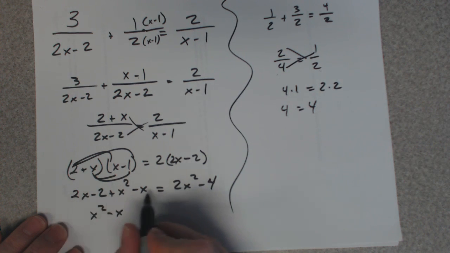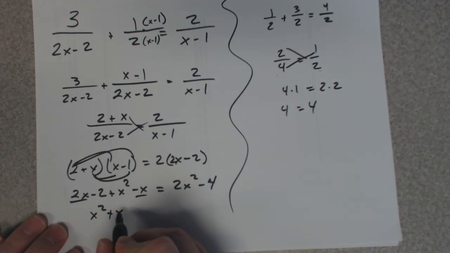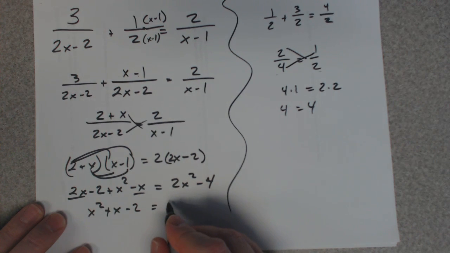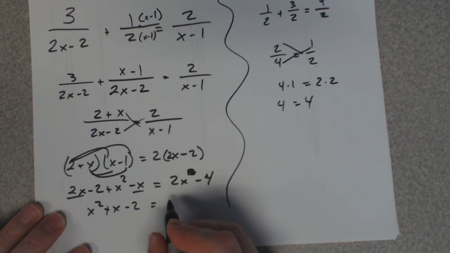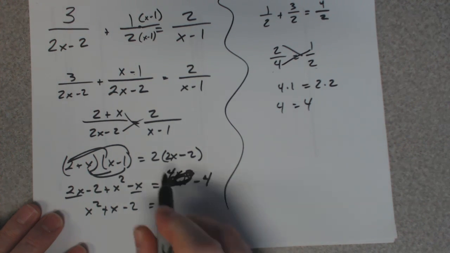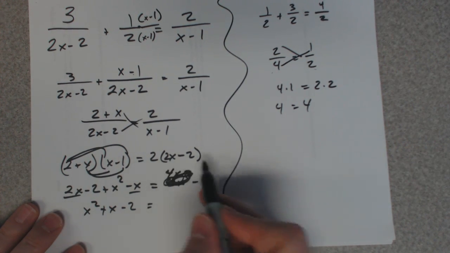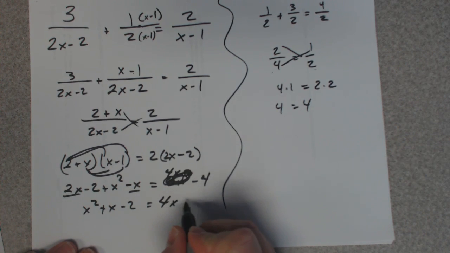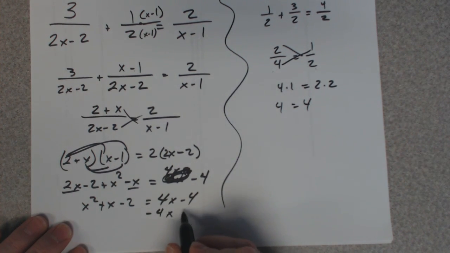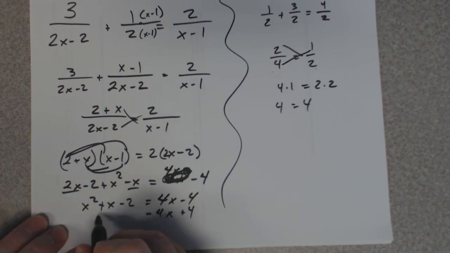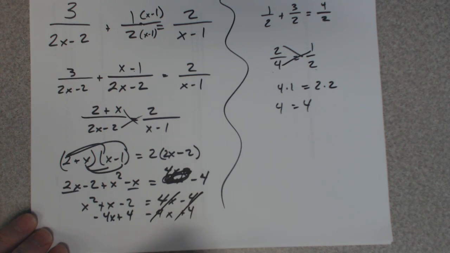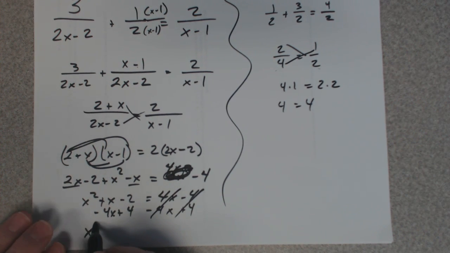Oh wait, negative x plus 2x is a positive 1x, and then minus 2 equals, that's wrong, 4x. 2 times 2x is 4x. 2 times negative 2 is negative 4. Equals 4x minus 4. This is a quadratic, so you have to get rid of this stuff to make it say 0.